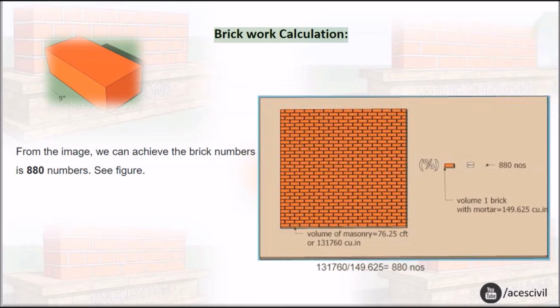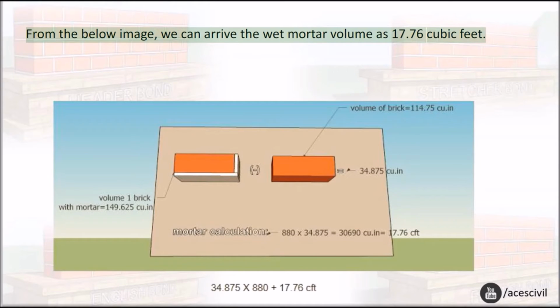Brickwork calculation. From the image, we can arrive at the number of bricks as 880. See the figure. From the image below, we can arrive at the wet mortar volume as 17.76 cubic feet.